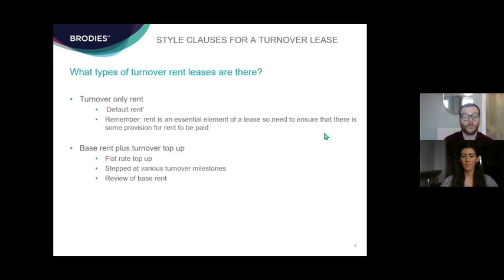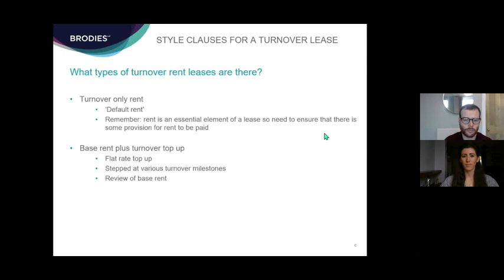We can also see more sophisticated agreements where the turnover percentage increases when various billing milestones are met. So what I mean by that is it's perhaps 10% at sales above 50,000, and then 5% above 200,000, and so on and so on. It just depends what suits that store and what's been agreed between the parties.